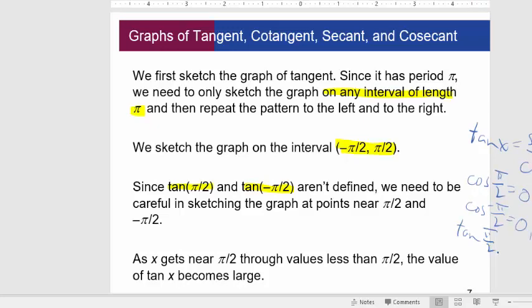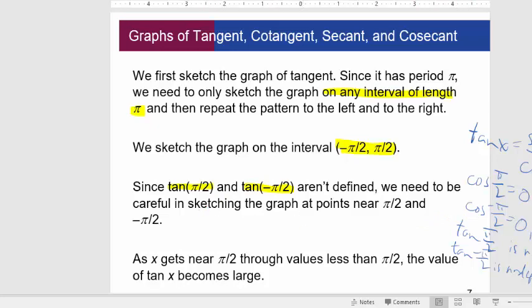So tangent of pi over 2 is undefined, and tangent of negative pi over 2 is undefined, right? Because whenever you have the denominator equal to 0, you get an undefined statement, right? So you'd have a 0 in the denominator, therefore the tangent graph would be undefined at those two values.